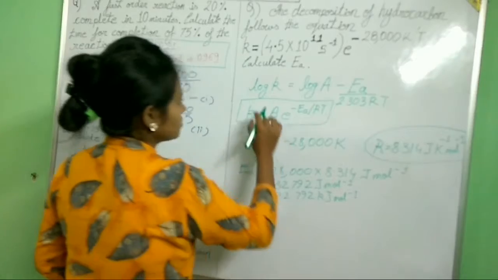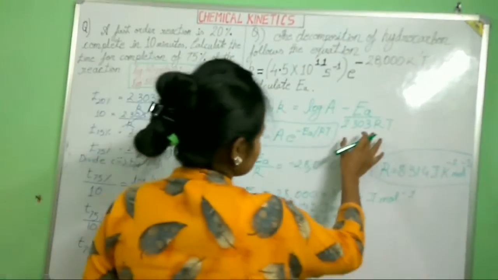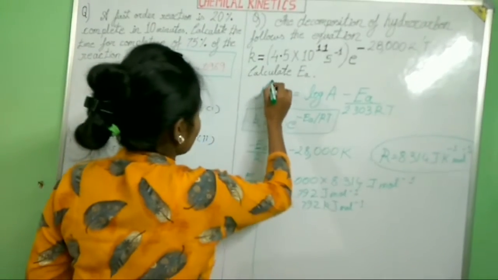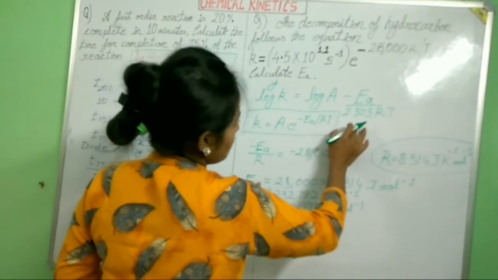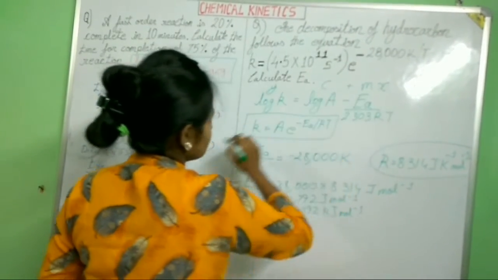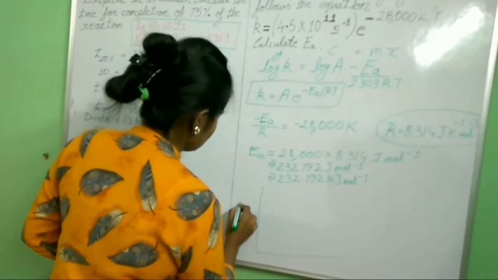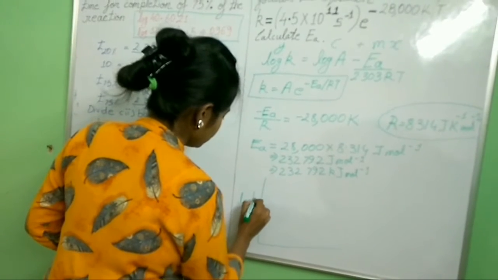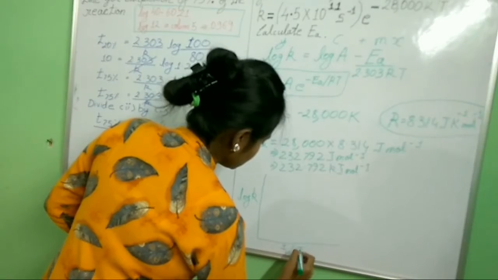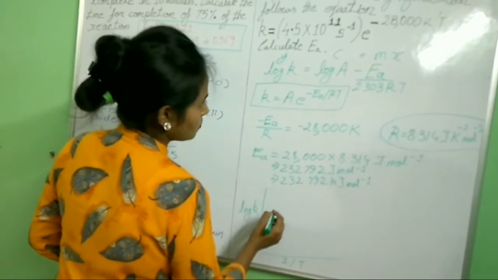Now, how to put this equation in graph form? So, this is y, this is mx, and this is plus c. Okay. So, log K here will be in y-axis. 1 by T if we take in the x-axis, then what will be the slope?